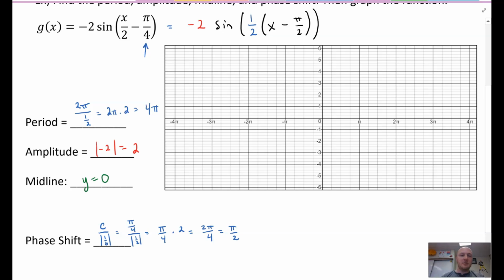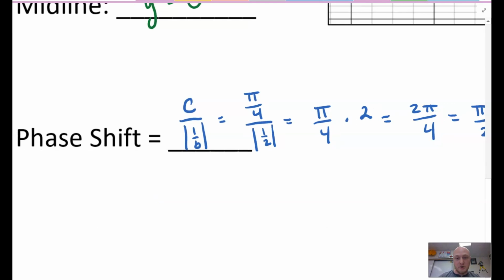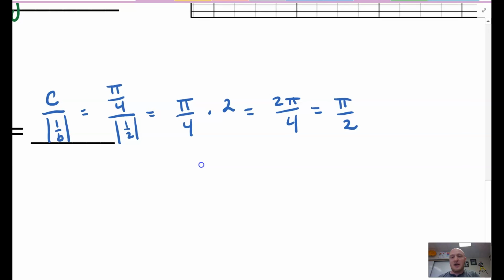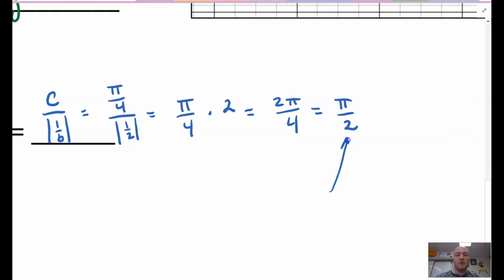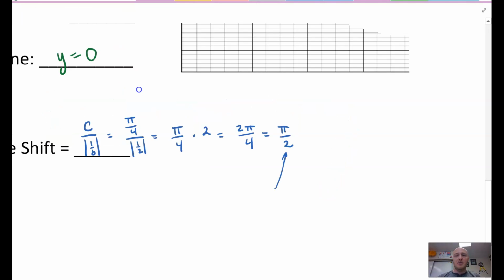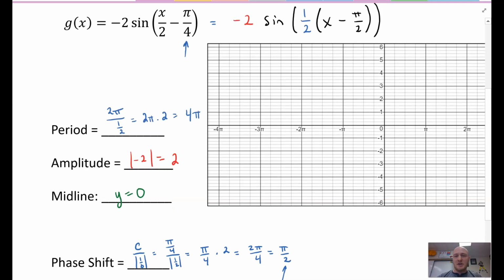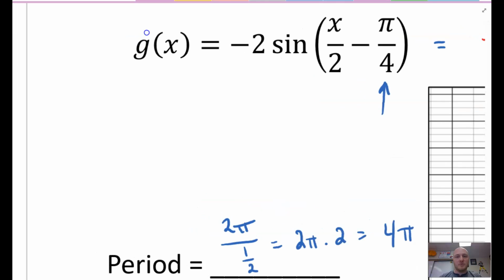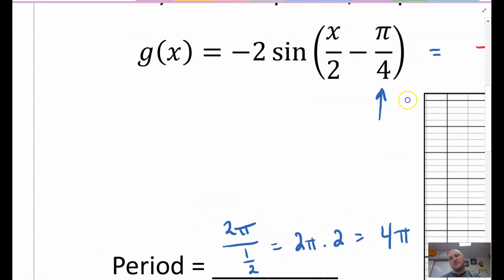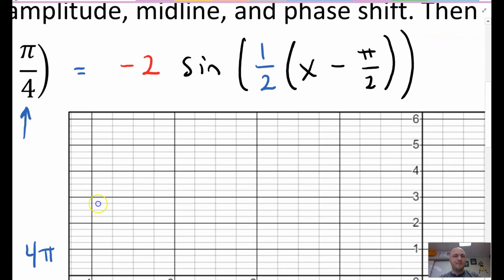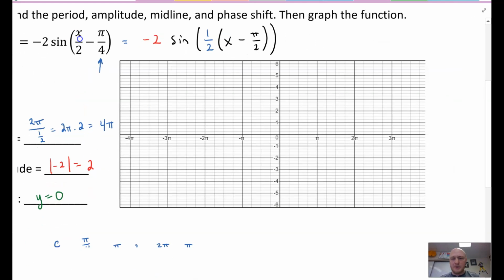So I'm dividing that by 1/2, which is literally what I'm doing right here: pi fourths divided by 1/2, and that gives us our actual phase shift, our horizontal translation, pi over 2. So you can think about it that way, but I think most of our problems will be set up this way, where you don't have to rewrite the function. Okay, but just some commentary there.